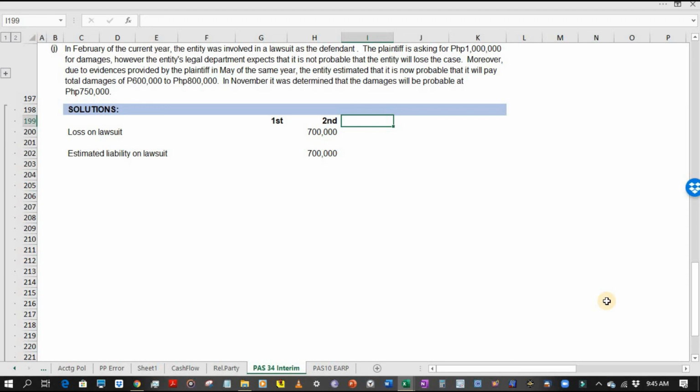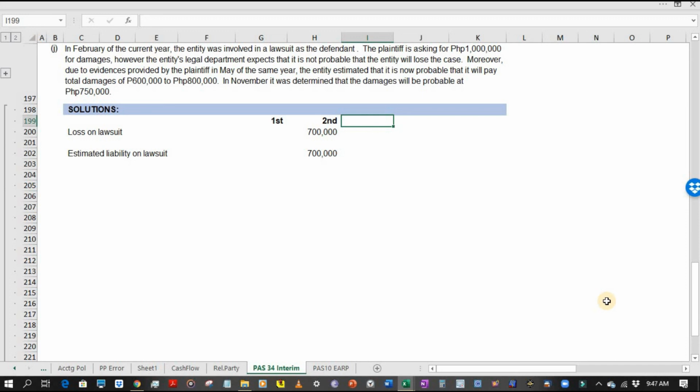So since we have already recorded a 700,000 pesos loss on lawsuit in the second quarter, we are not going to recognize 750,000 pesos in full. Instead, we are just going to make an adjustment in the fourth quarter, which is in November, so that the total loss on lawsuit that we have recognized will equal 750,000 pesos.